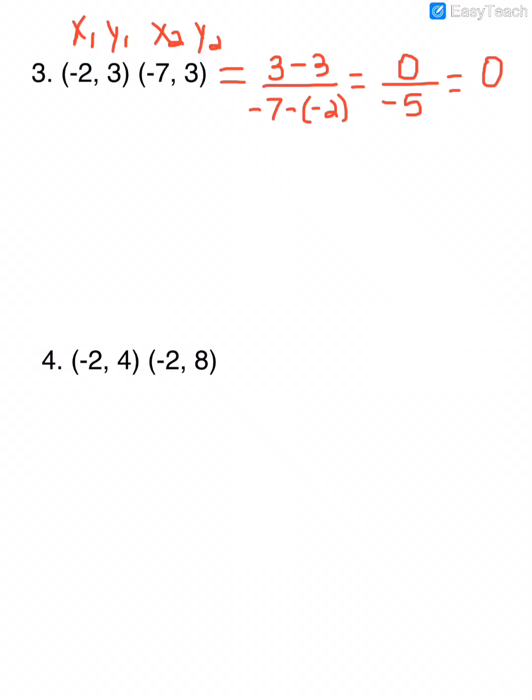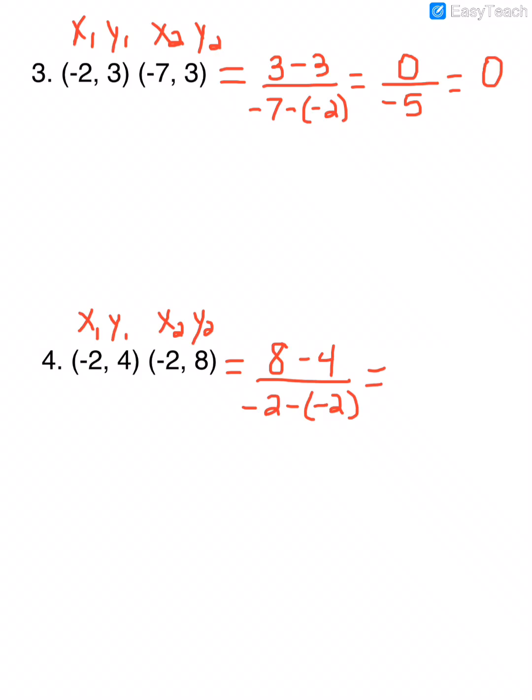In number 4, let me label my points again. X sub 1, y sub 1, x sub 2, y sub 2. Alright, y's always go on top. Y sub 2 minus y sub 1, so that's 8 minus 4 over x sub 2 minus x sub 1, that's negative 2 minus a negative 2.